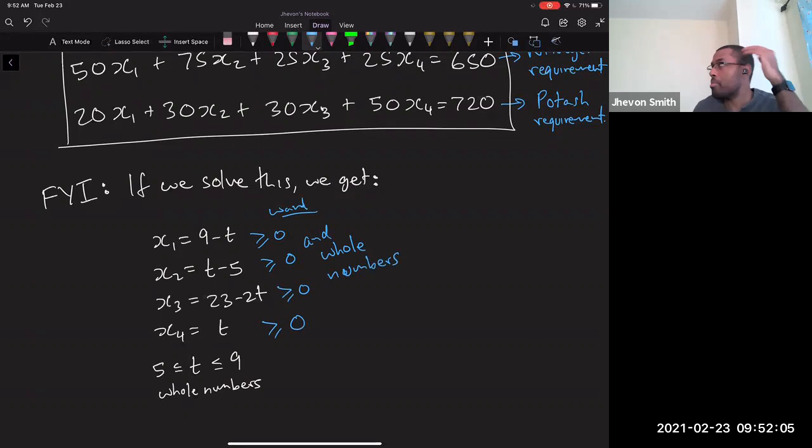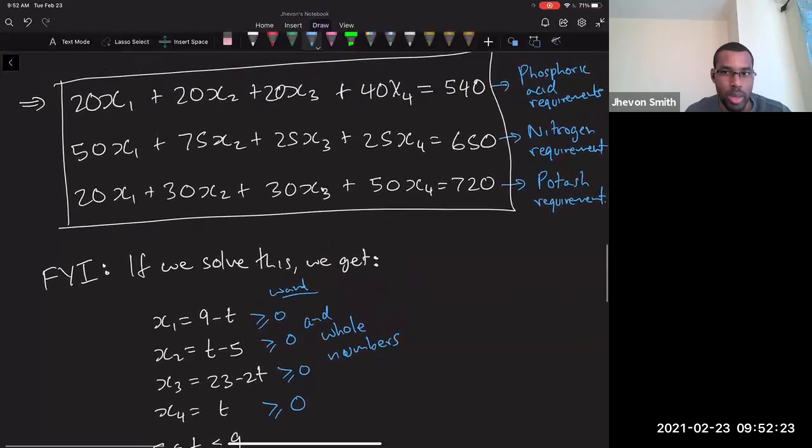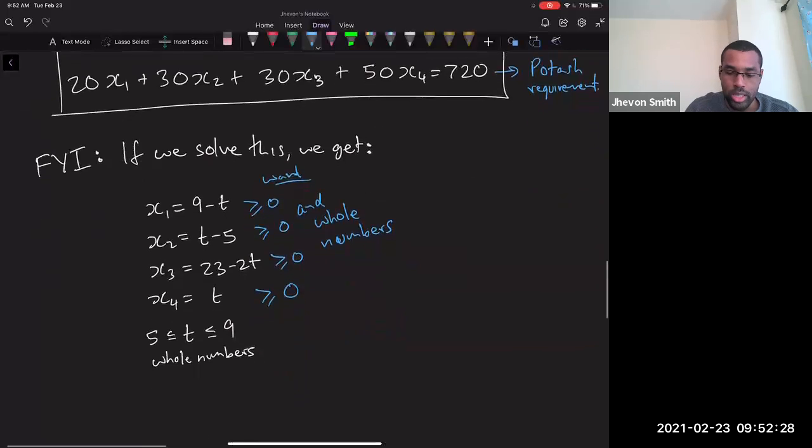So I can't buy -7 barrels of something, or I can't buy pi barrels of something. Sell me 1 over e squared barrels of this mixture. Like, you can't do that, right? So you force it to take on whole number values. But the idea is here, this system has an infinite number of solutions, but not all of them are practical. We only want the whole number solutions that force us to buy a positive or 0 number of barrels for each mix. And it turns out that with that requirement, there are only 5 possible solutions.